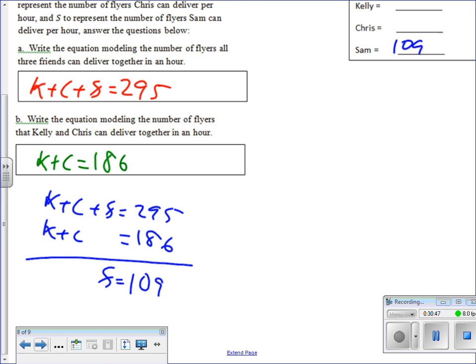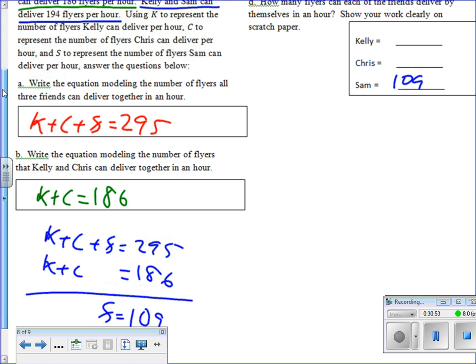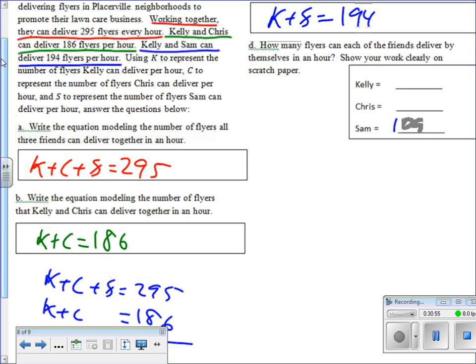Now here's what's really cool. I can do this again, but I don't need to. Because I can go up to this one. Kelly and Sam can do 194. That means K plus 109 is 194. Subtract 109 from 194. And I get Kelly can do 85.